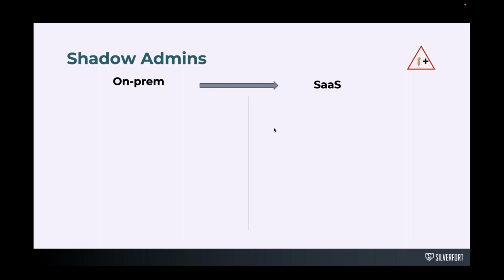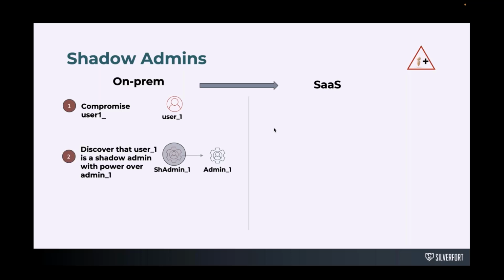It means, for example, let's talk about shadow admins. Suppose I'm an attacker, I compromised user one, and then I discover that user one has power over admin one. So basically, user one is actually shadow admin one.